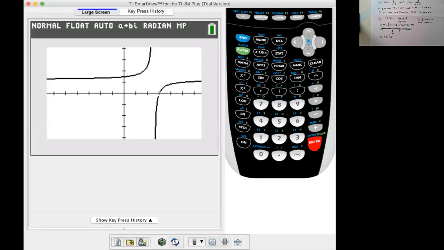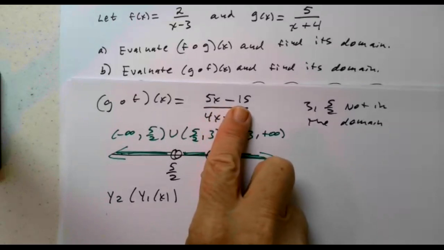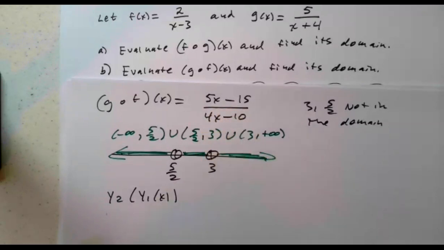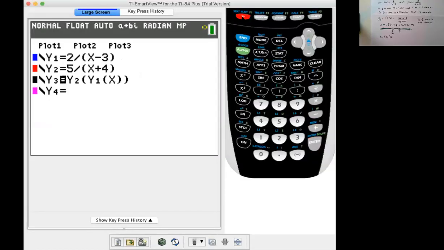We hope that it is 5x minus 15 over 4x minus 10. So I will put that in to see if the graphs match. 5x minus 15 divided by 4x minus 10.